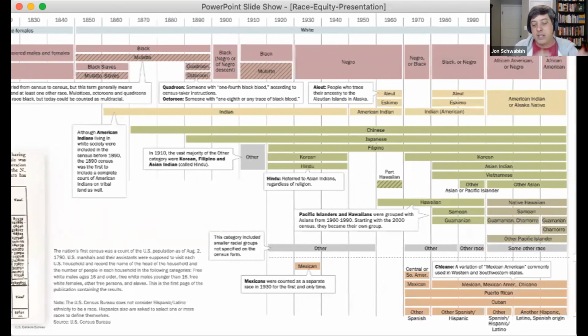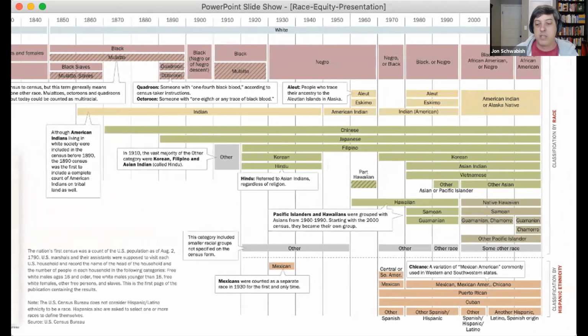Black, African American, and then you can see the addition and the movement around of these other groups. So instead of taking our data as it comes, with white being 1, Black being number 2, American Indian or Alaskan Native being 3, we need to take a more strategic, more thoughtful approach to how we want to present our results.